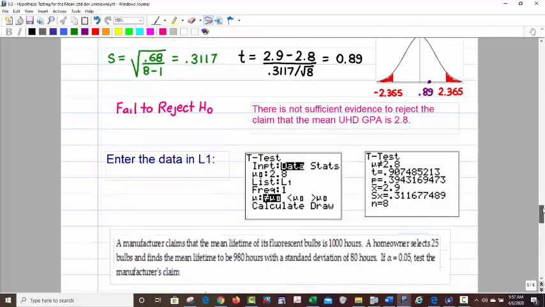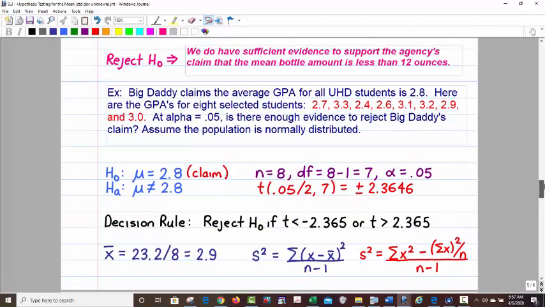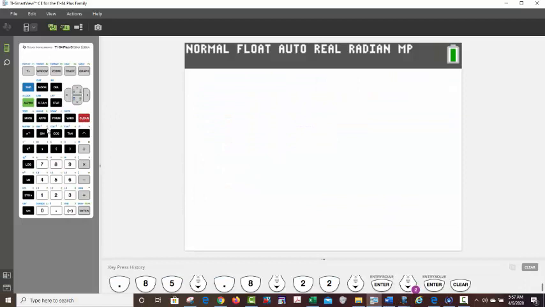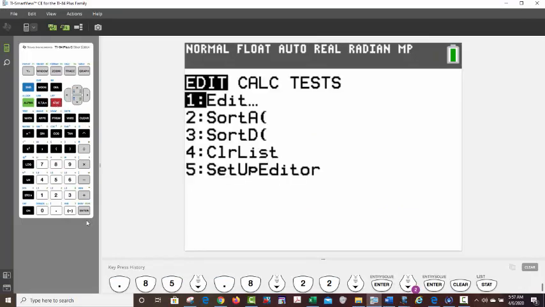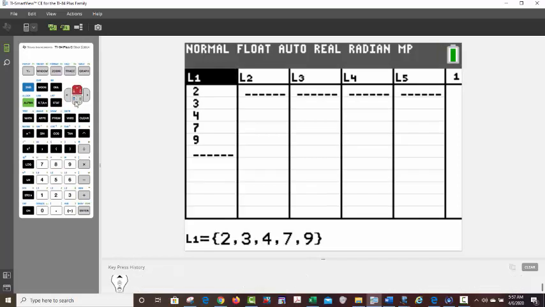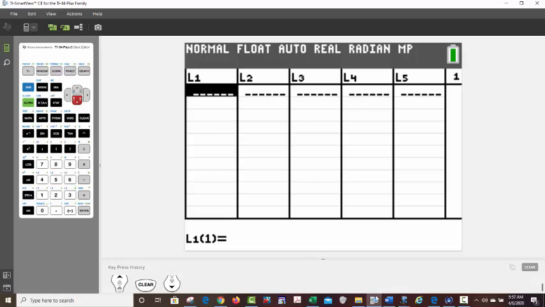All right, in the calculator, you would have to enter these numbers. Let me come back up here so I can see them easy. I have to put them in a list. Stat, edit. I could type over those, but I'll go up here and hit clear. Then I'll move the arrow and they're gone.